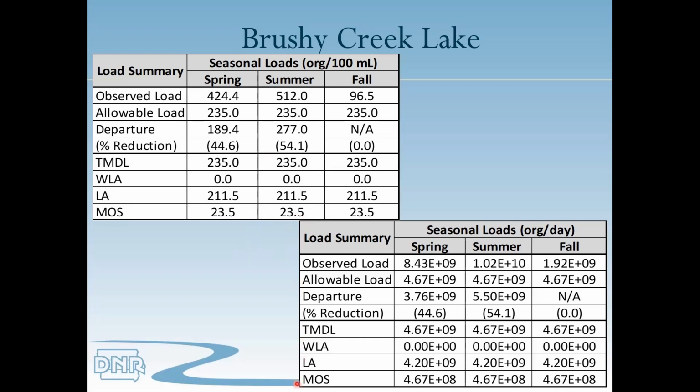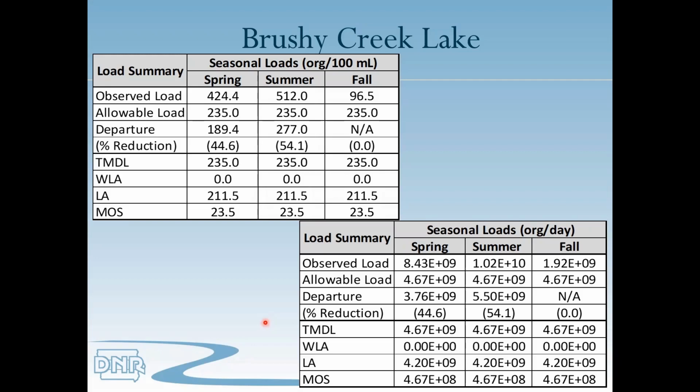This bottom table is the same information, just presented differently. While this top table is in a concentration, this table is in a mass or total loading, which, to come up with that, we take our concentration and multiply it by the volume of the swimming area or the nearshore beach volume.